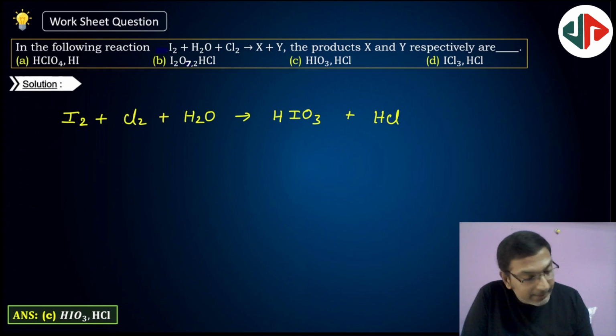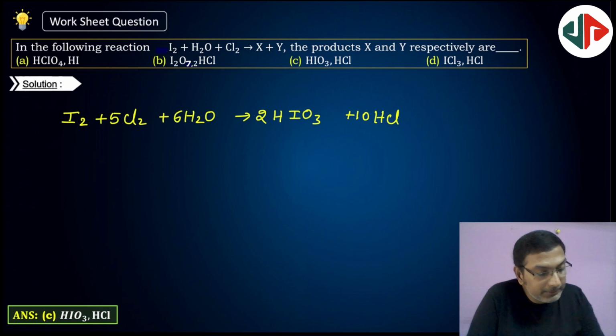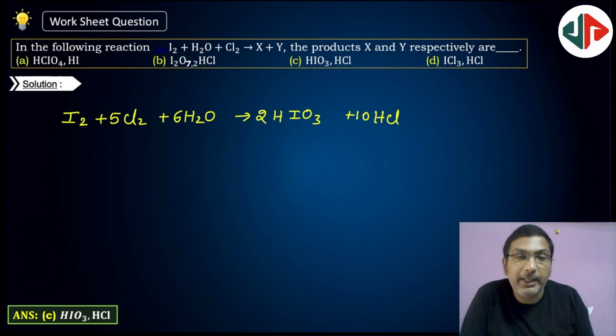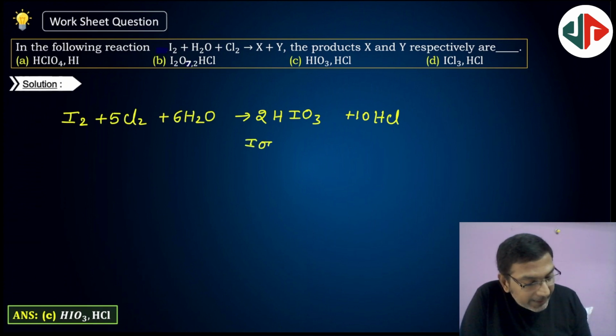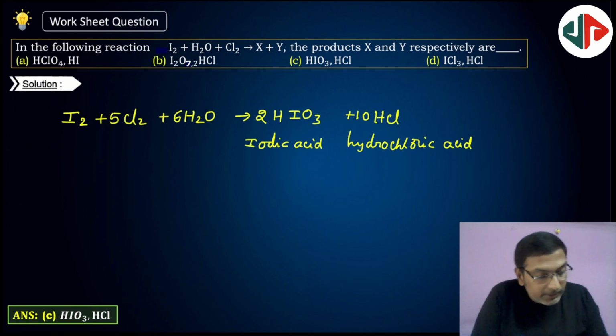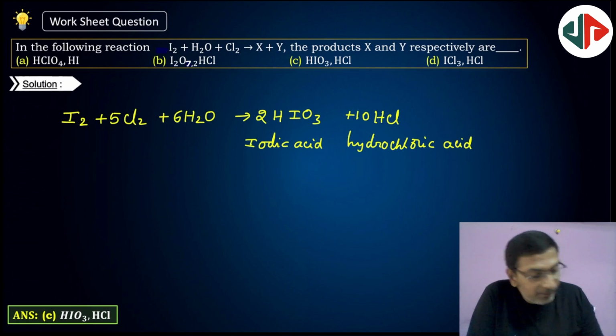So after balancing, 5Cl2, 6H2O, 2HIO3 and 10HCl. So here I2 iodine, Cl2 chlorine. So HIO3 iodic acid and hydrochloric acid. So HIO3 and HCl will be formed. Option C.